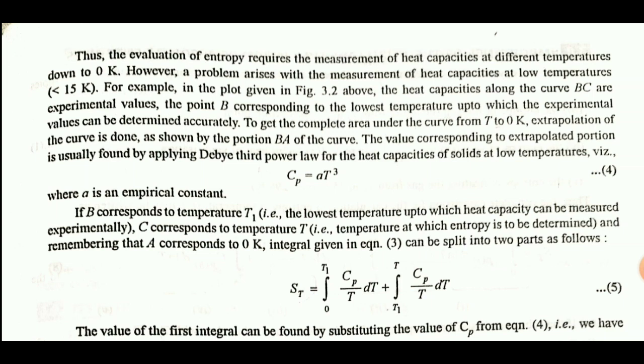If B corresponds to temperature T1, that is the lowest temperature up to which heat capacity can be measured experimentally, C corresponds to temperature T, that is the temperature at which entropy is to be determined, and remembering that A corresponds to 0 K, the integral given in equation 3 can be split into two parts as follows. St is equal to the integration from 0 to T1 of Cp upon T dT plus the integration from T1 to T of Cp upon T dT.